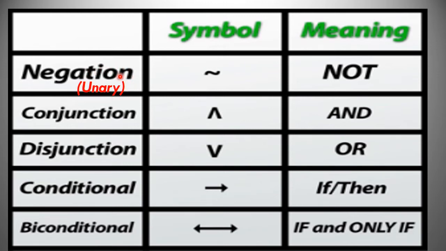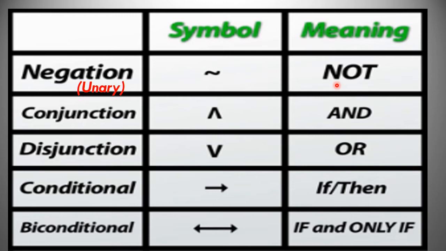And symbolically we will refer to it with a wave, and it means not. Not is, we can say, the keyword which we use to negate a logical statement. Okay, that is when you apply negation on a statement, what you do is either you add not or you remove not. Now when you see the definition in detail, you will understand it.